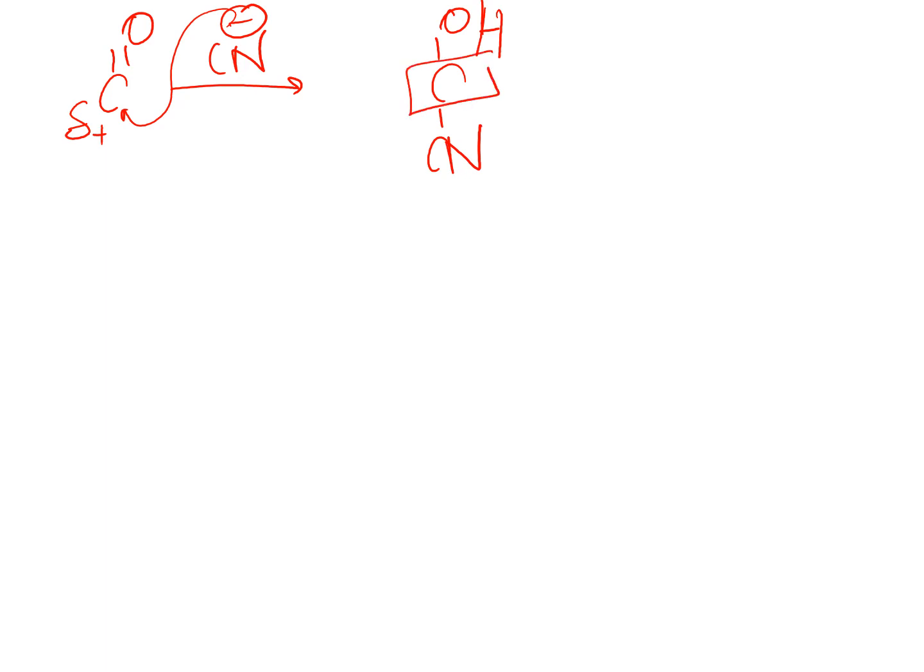It's a carbon carrying an OH and a cyano group at the same time. We call this class of compounds cyanohydrins. These are cyano compounds that have an OH on the carbon attached to the cyano group.